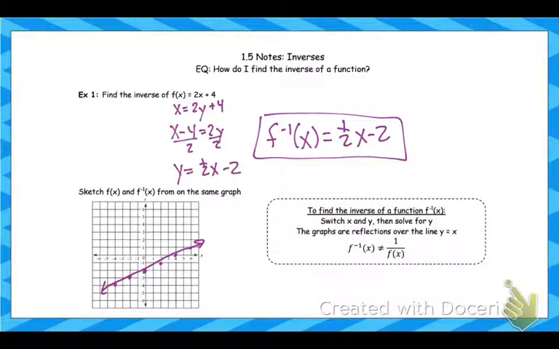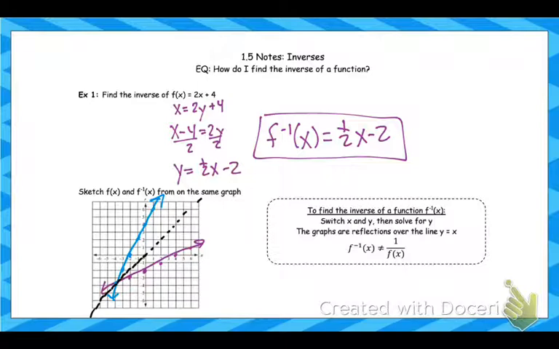Then my original graph, 2x plus 4, has a y-intercept of 4 and a slope of 2. You'll notice both of those go through the same point. They don't have to, but in this case they both do. These graphs are basically reflected over the line y equals x. If I were to draw the line y equals x, those graphs would be flipped over that line.